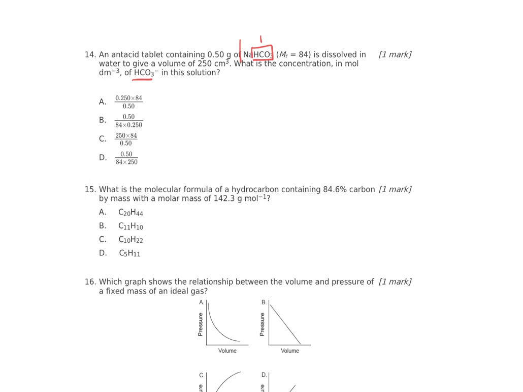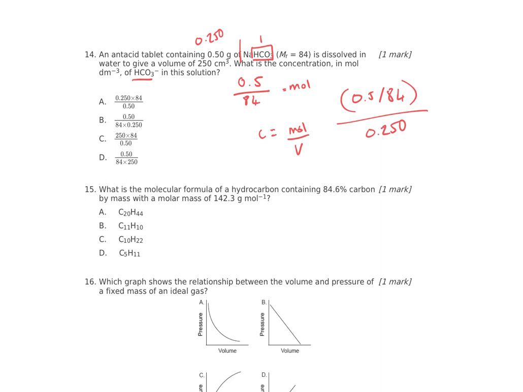So it's going to be 0.5, mass over RAM to give you my moles. Okay, and then concentration is moles over volume. But remember, I'd be dividing that by 1,000 or using 0.250. So it's going to be 0.5 over 84 divided by 0.250.